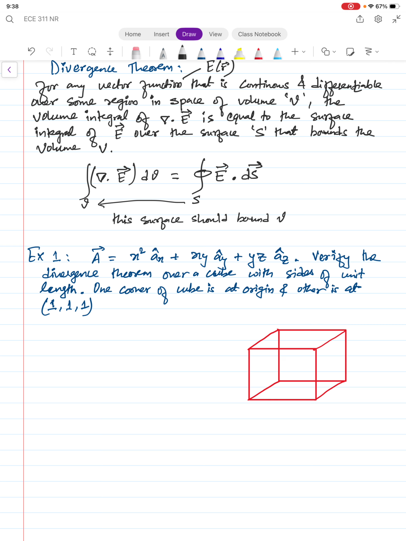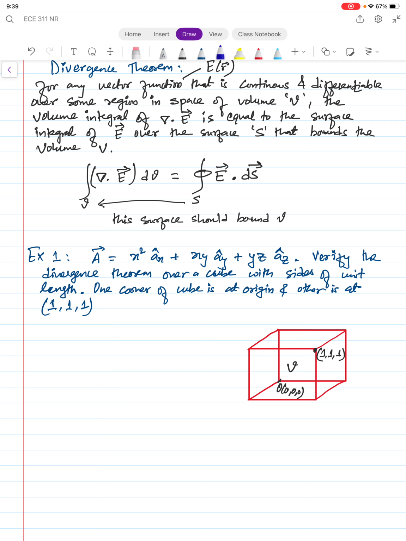Okay, and of course, this starts over there at 0 comma 0 comma 0, and let's say the other is at 1 comma 1 comma 1, and of course this cube encloses some volume V, right? But that volume is being enclosed by the 6 faces of the cube.